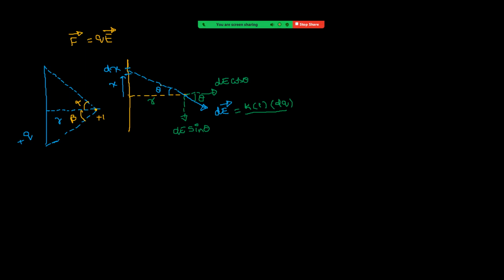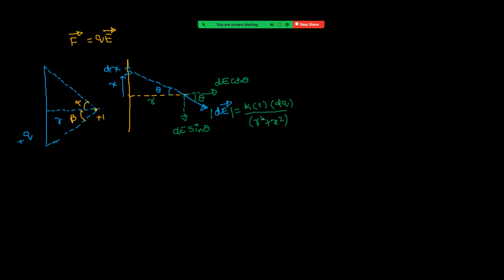Then the distance between those two charges is the square root of r squared plus x squared. That is the modulus value. So modulus of E bar equals K into Q1 Q2 by r squared plus x squared.